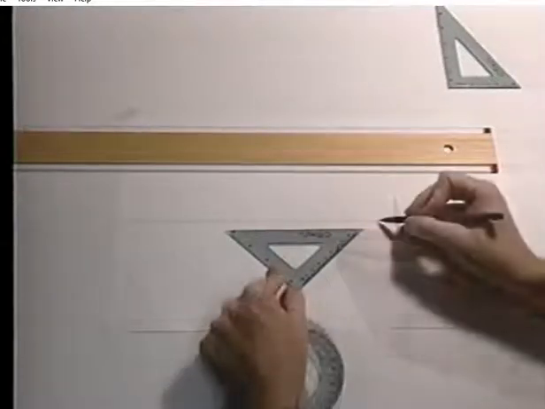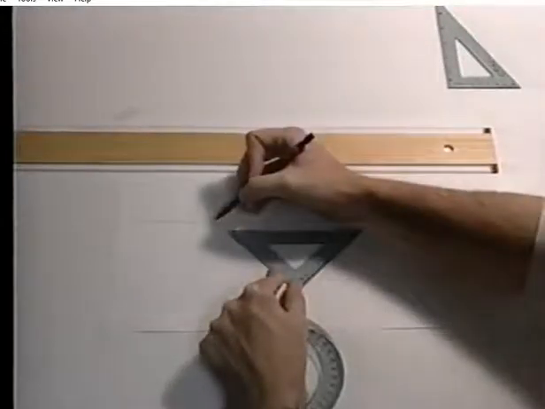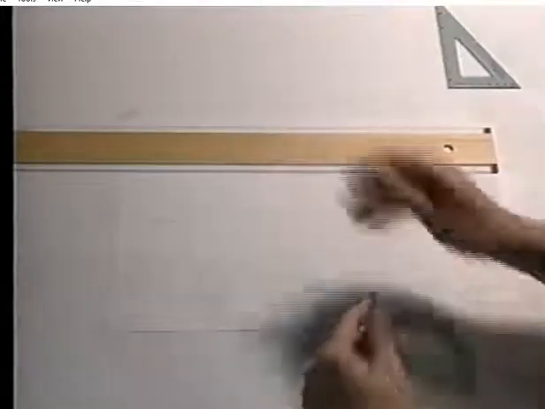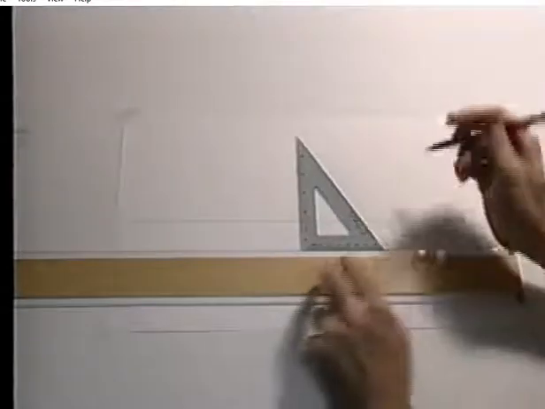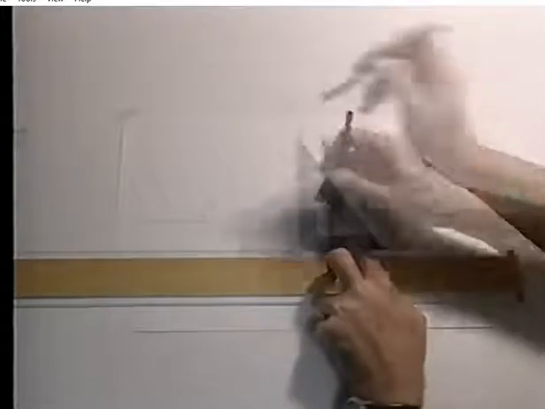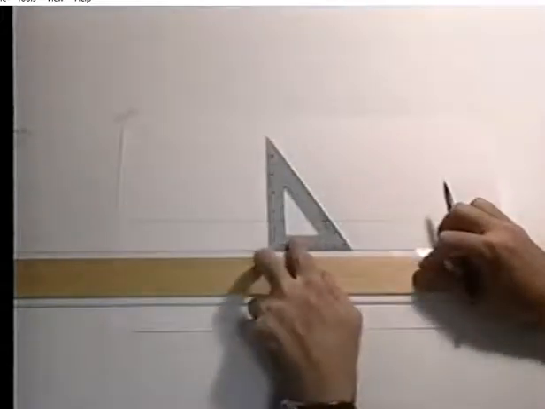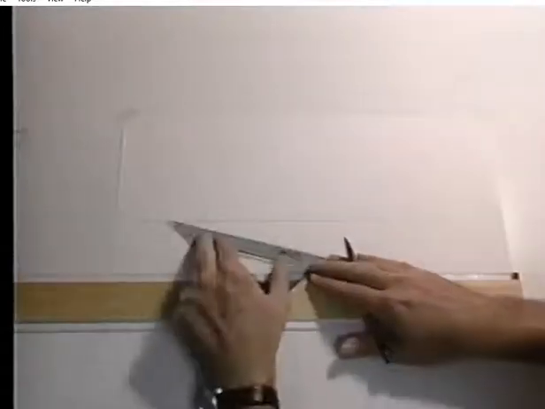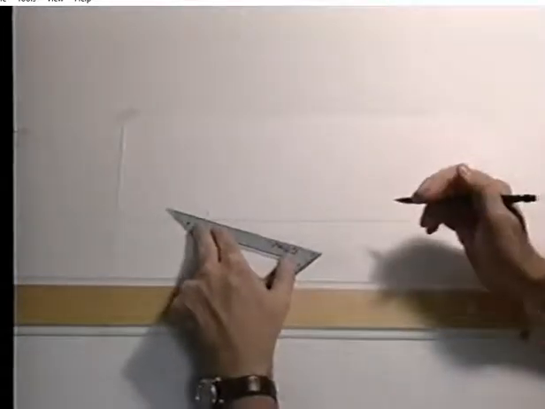He's using an angle to find 2 vanishing points. The angle and square help to create vertical or up and down lines. Watch what he does next.